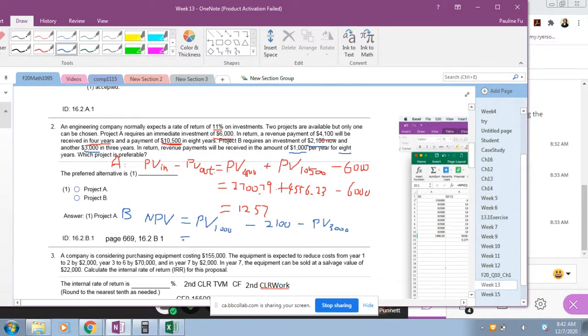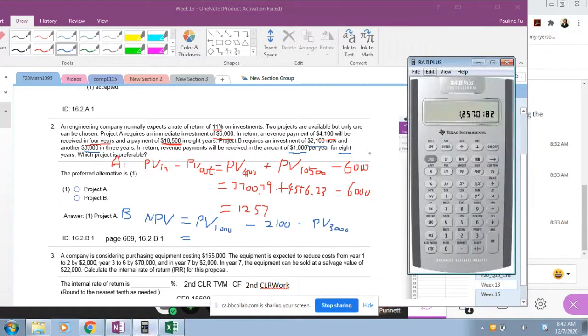Now, what is the present value of the annuity, $1,000 a year? So second equation, this is an annuity. 1,000 is PMT, $1,000 a year. 11 is interest.